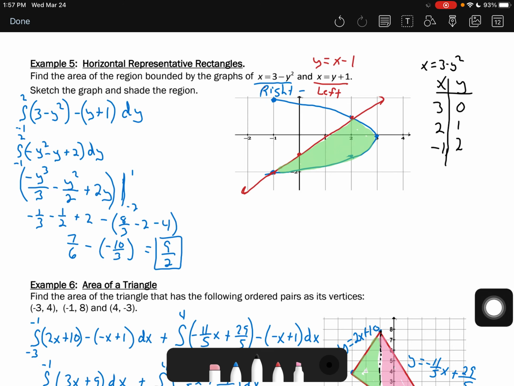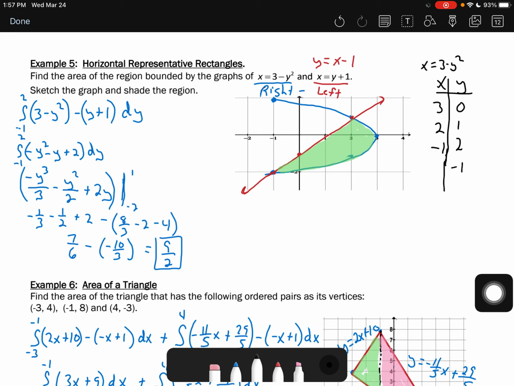I could have picked some other values as well, like the opposite sign, negative 1 and negative 2.